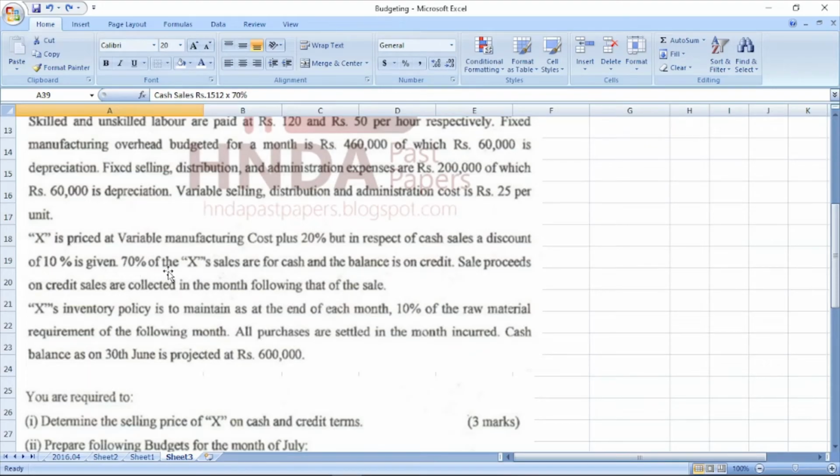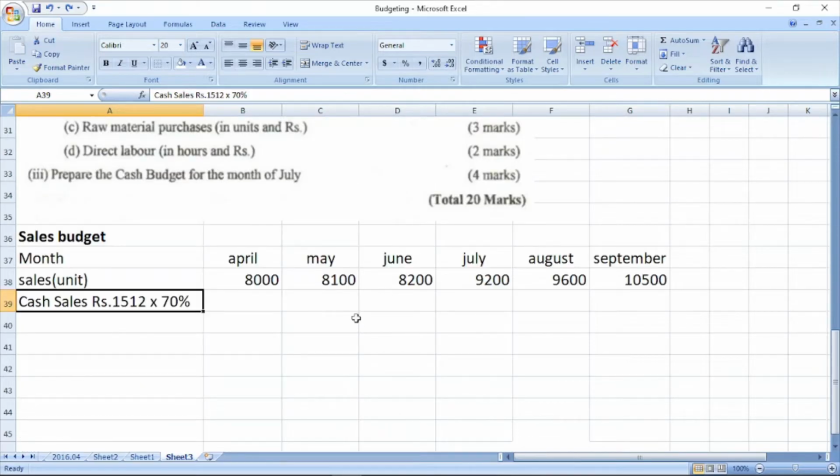And 70% of the sales are for cash, and the balance is on credit. So our cash price is 1512 and credit price is 1680. Now we know our cash sales price is 1512 and our sales percentage on cash is 70%.